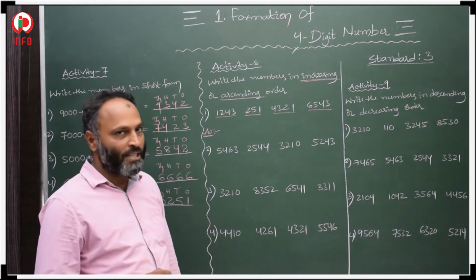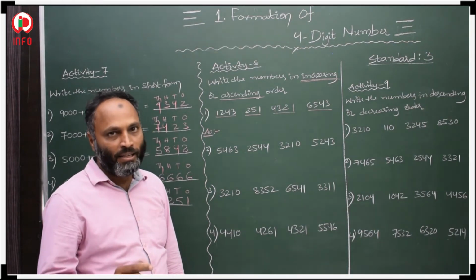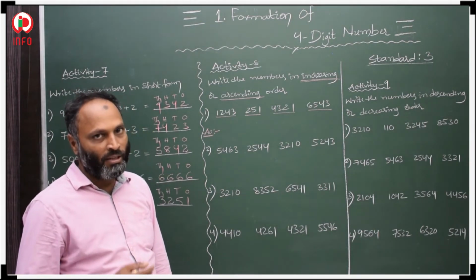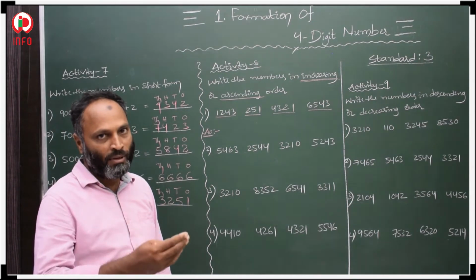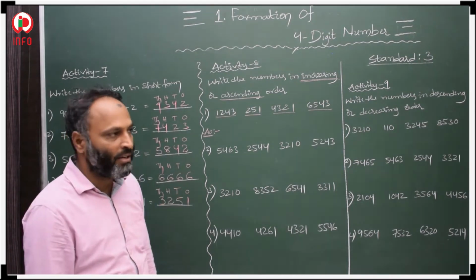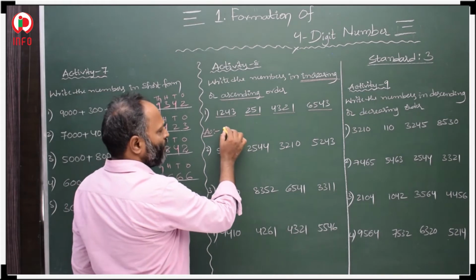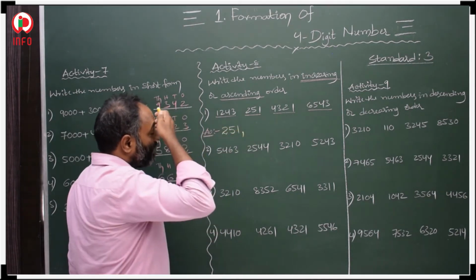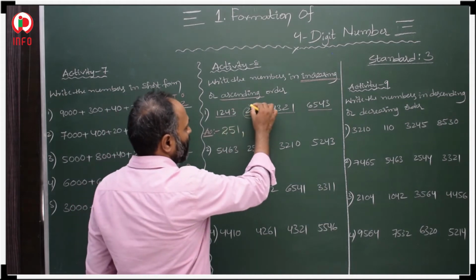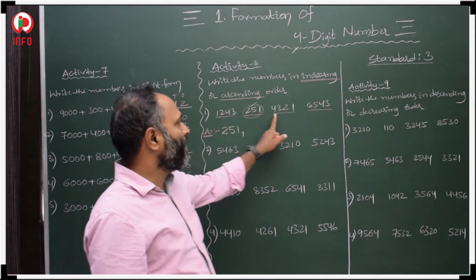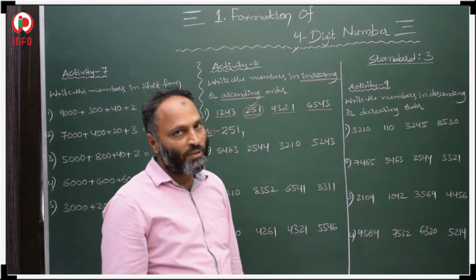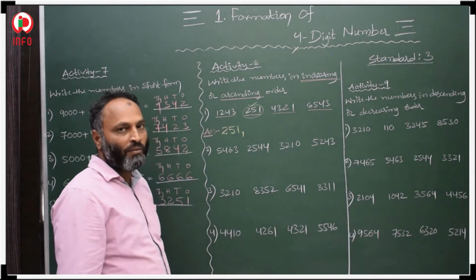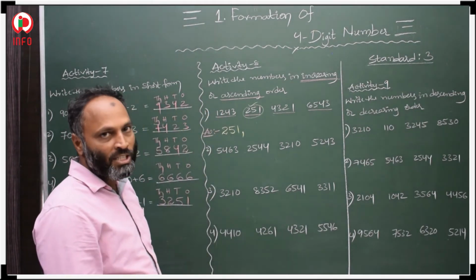Ascending order, or increasing order, means first we take the smaller, then a little bit bigger, and the biggest last. Which one is smaller? 251. This is first. Then among the remaining three, again we have to decide which one is smaller. For that we check the 4th digit, that is the thousands place.